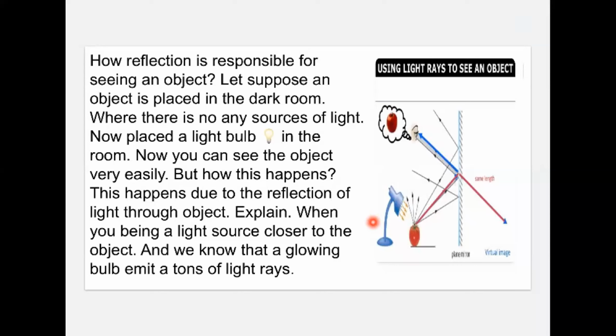But the moment somebody switches on the table lamp, the rays of light emitted from the lamp start falling on the apple. Ultimately, the object becomes illuminated and gives out rays of light. These rays of light are incident on the mirror, and the person who enters will be able to see the image of this apple in the mirror.